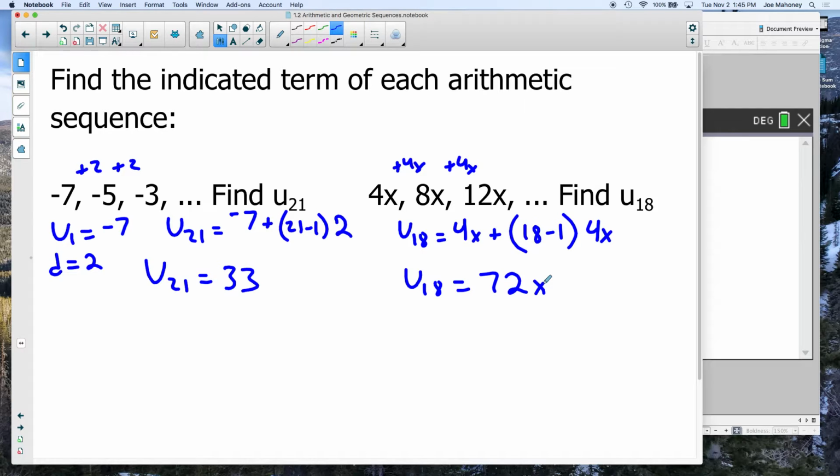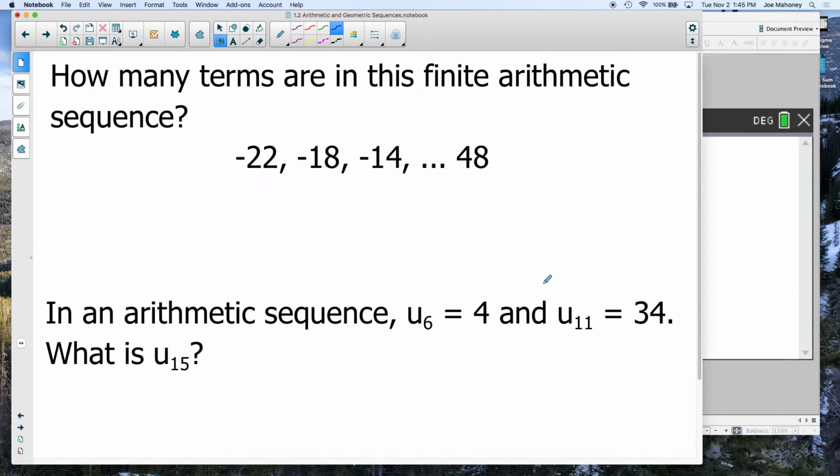And because this is an equation, we can also solve the equation a little bit as well. For example, if we want to know how many terms are in this finite sequence, what I know is that u sub 1 is negative 22. It looks like I'm increasing by 4s, so d is 4. My last term, I don't know what the number is, I'm going to call it u sub n, is 48. Can I solve this equation for n?